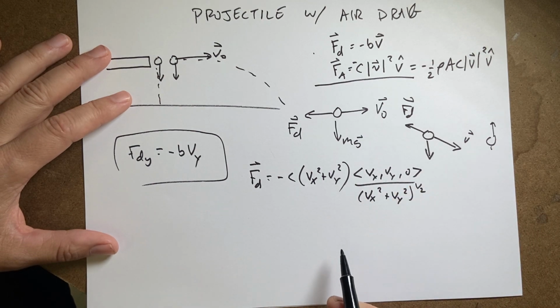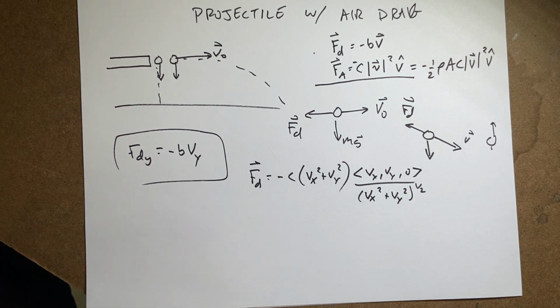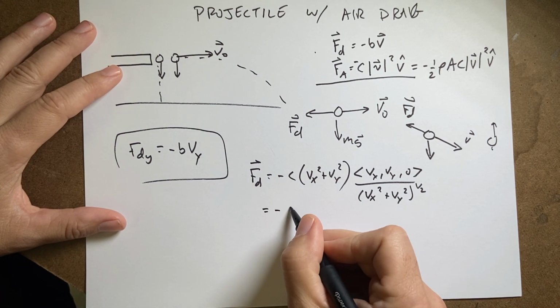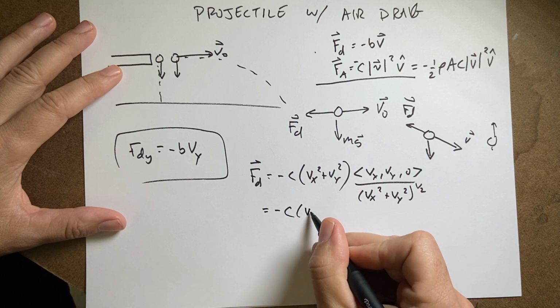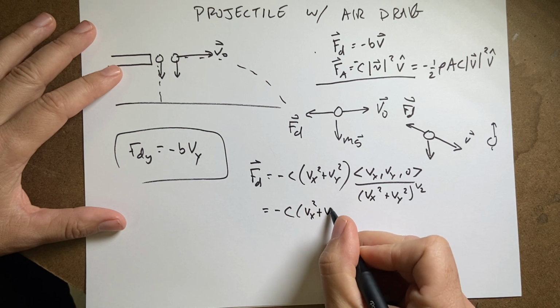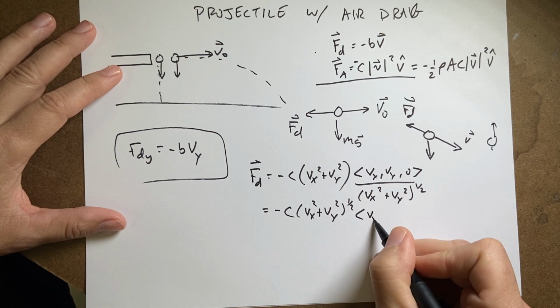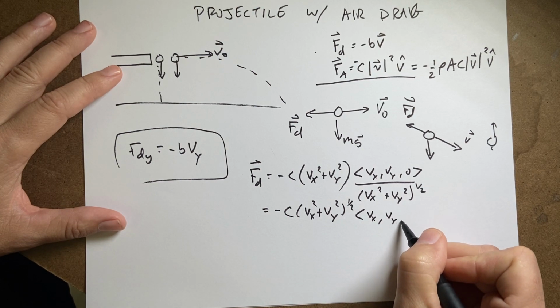That's going to give me the unit vector. You have to put that in there. You can't just ignore that. It's still a force. So if I include these two, I get negative c times (vx squared plus vy squared) to the 1/2 times the velocity, (vx, vy, 0).